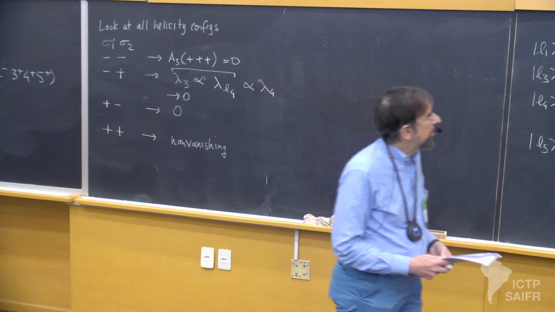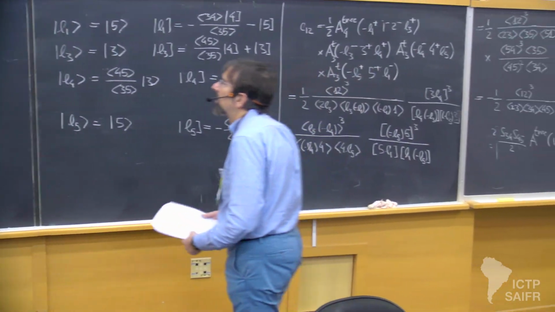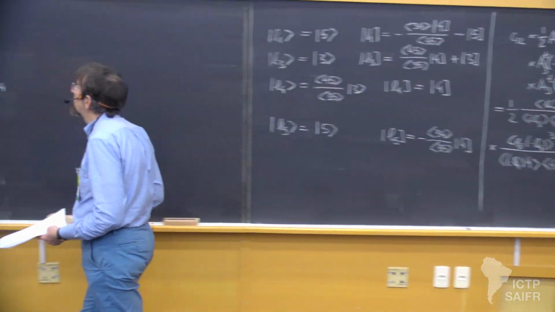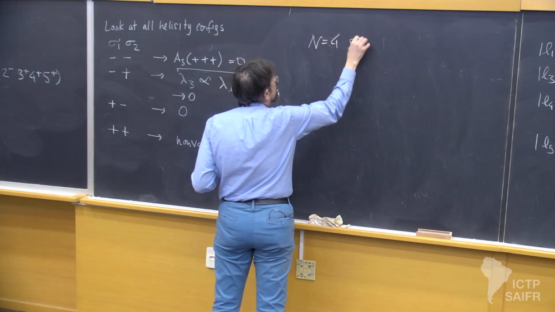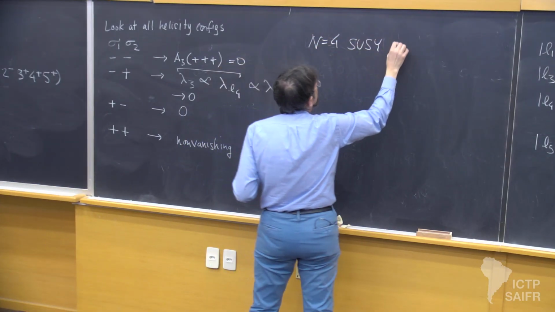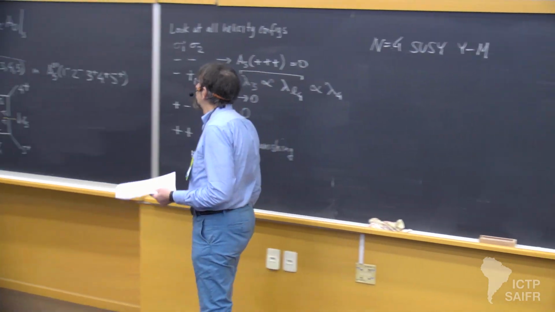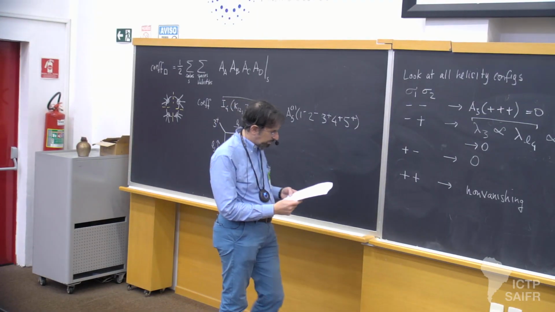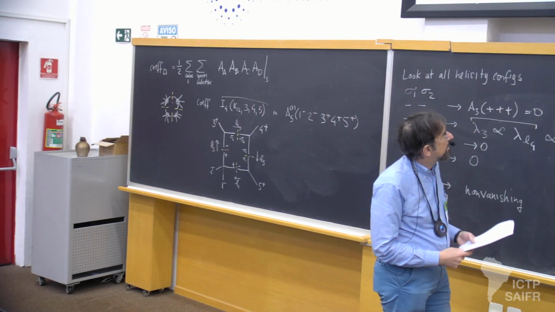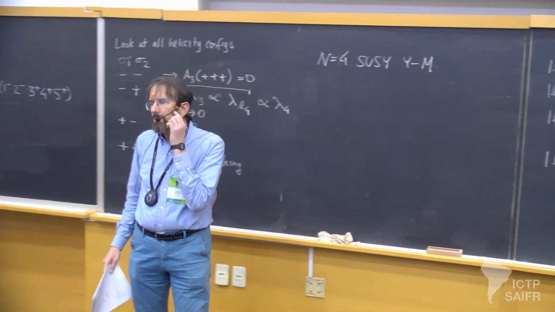But it turns out that this is the same coefficient in N=4 supersymmetric Yang-Mills. And there are actually no other contributions. There are no triangle or rational contributions. And in fact, this box and its partner boxes give the complete answer.